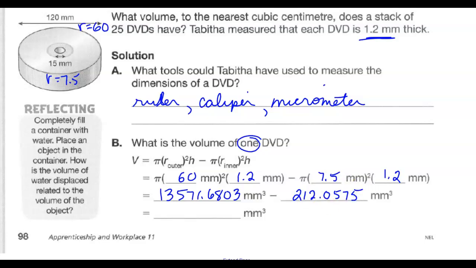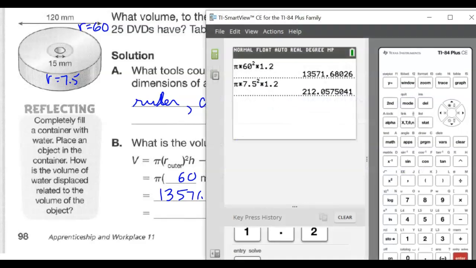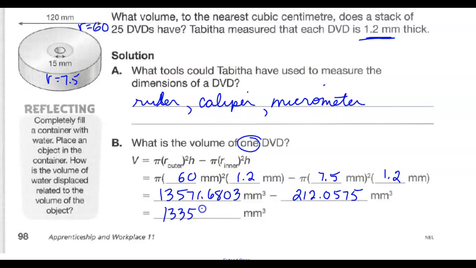And so you can get your calculator to subtract those. If you don't have the ability to go back, you just copy out what you wrote down to those 4 decimal places. Then subtract 212.0575, and we get 13,359.6228.